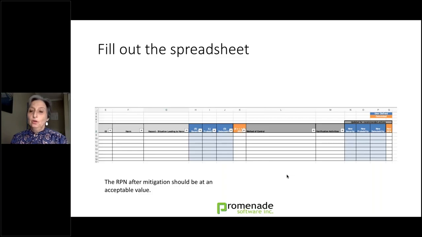After you've done the controls, you consider, okay, what is the new severity, the new probability, and new detectability? The end result, the multiplication, is your mitigated risk, and hopefully those go all green, maybe reds will go to yellow, and they're acceptable.